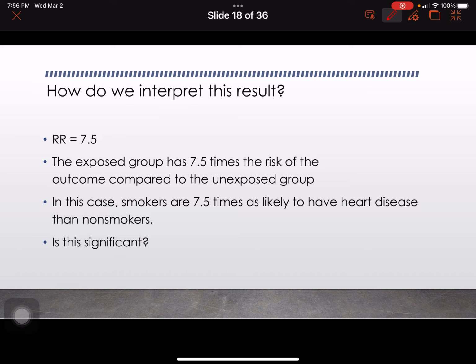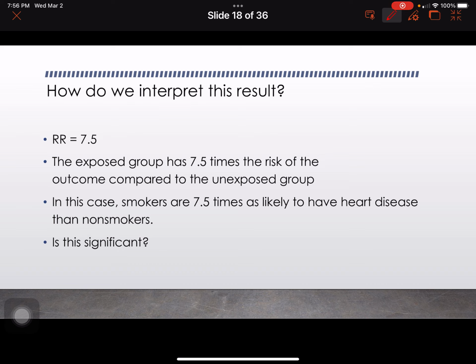Now we have our answer, but we also have to interpret it. Is 7.5 significant? Well, think about what our risk ratio would be if both exposure groups had the exact same risk. It would be 1 or very close to 1 because if the exposed group was 1 time as likely to get the outcome, then both incidence rates would be the same, and the difference in risk would not be significant.